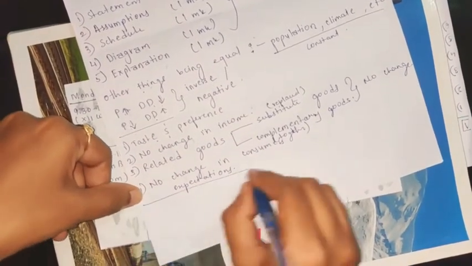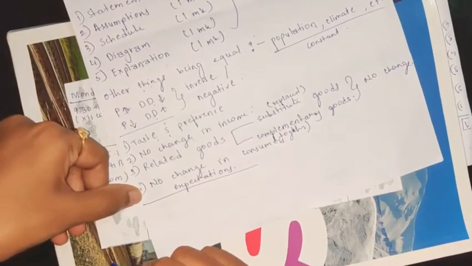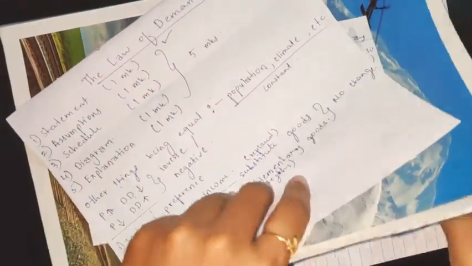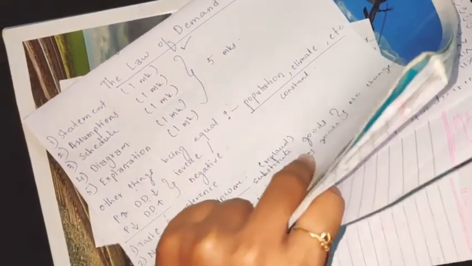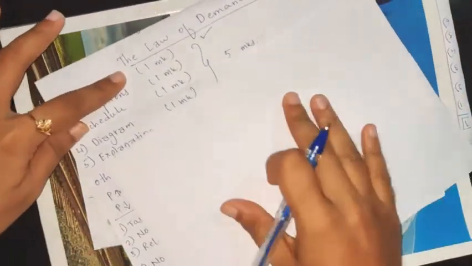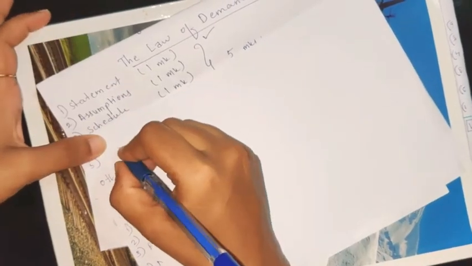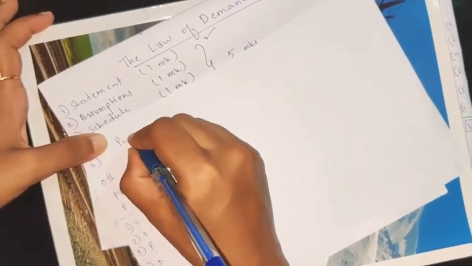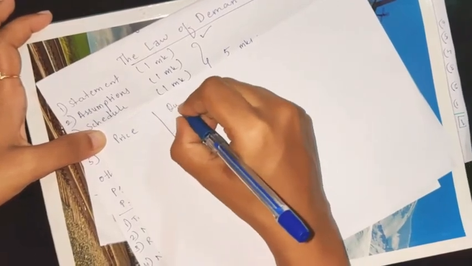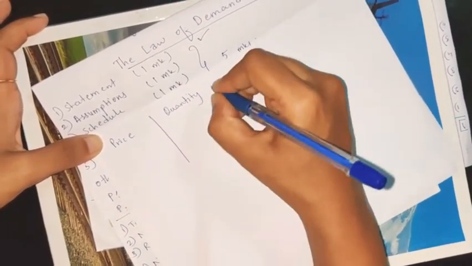Next part is schedule. In first column we have price, and second, quantity demanded by the consumer.